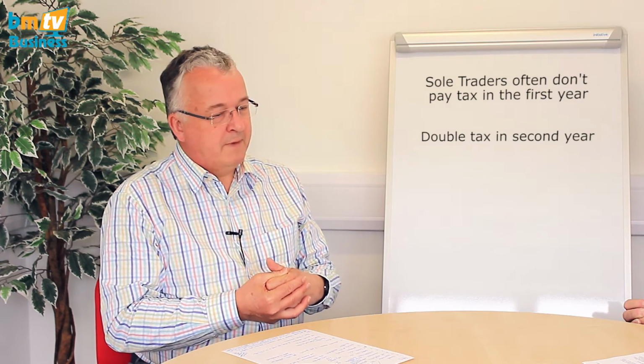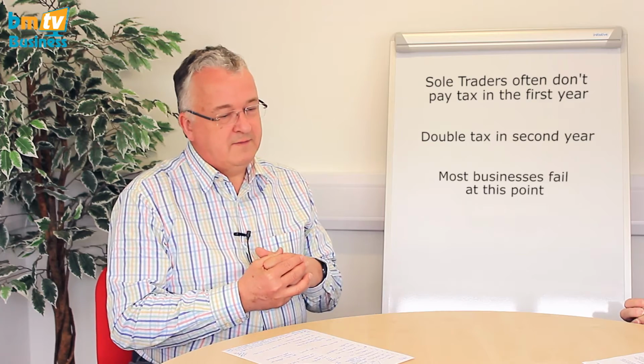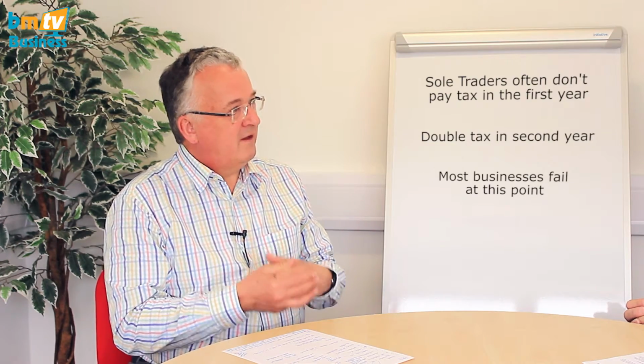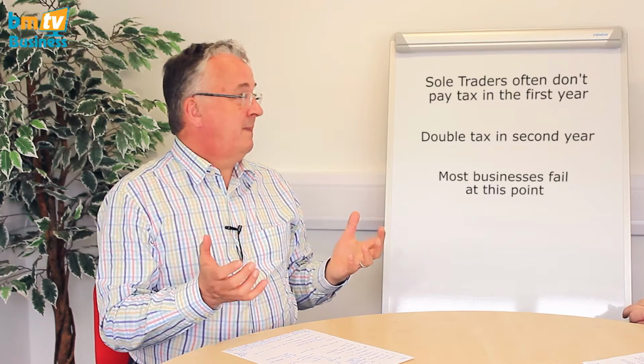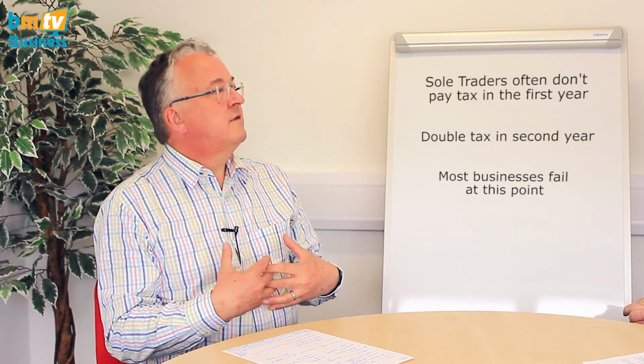So most businesses that fail in the first couple of years fail at that point when the tax is due, because they've spent the money and haven't set aside any money to pay their tax.